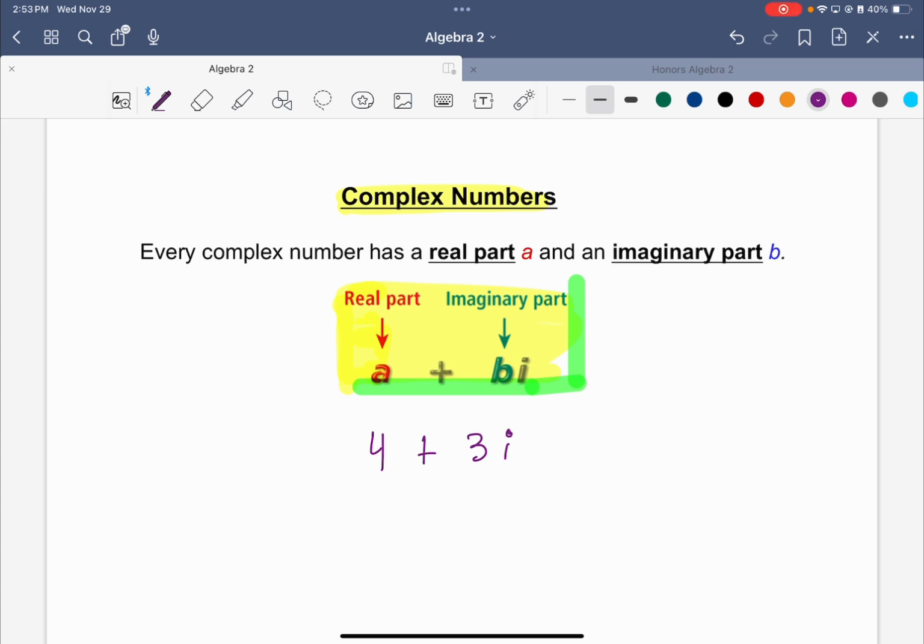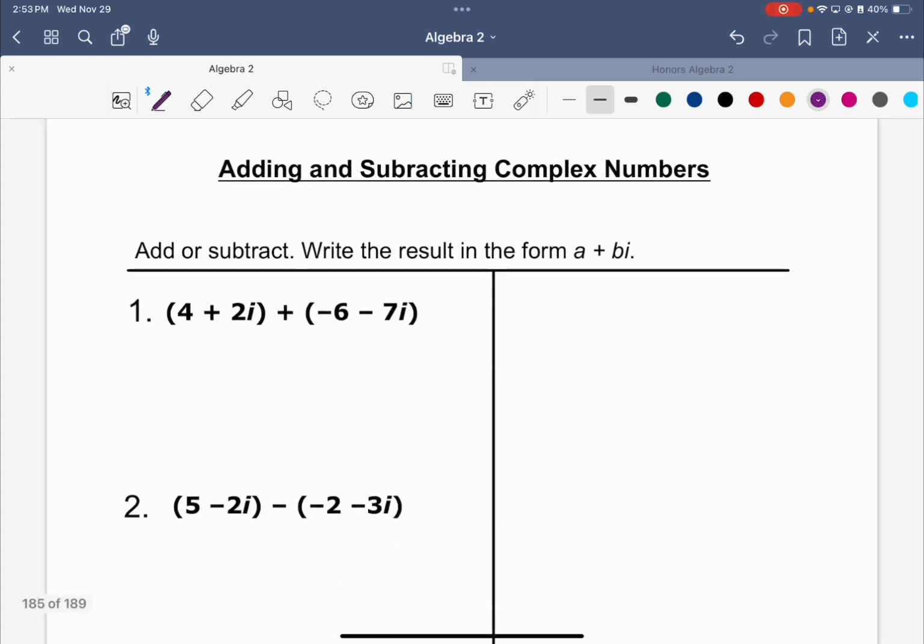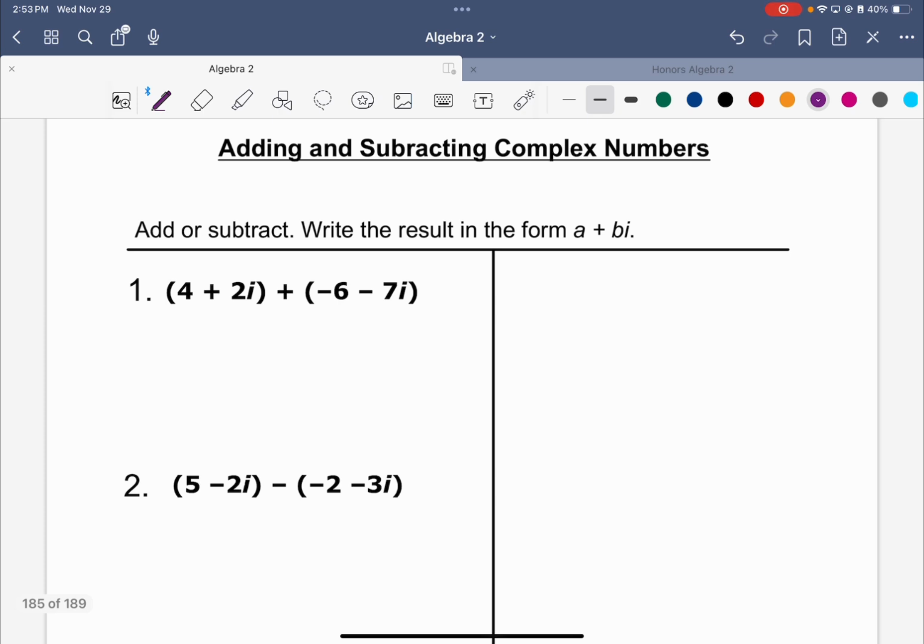So what we want to be able to do with complex numbers is, again, add them, subtract them, multiply, and divide them. And the nice thing about adding and subtracting them, when you add and subtract complex numbers, it's really the same as if you're adding and subtracting polynomials. You're combining like terms. So 4 plus 2i plus -6 minus 7i, procedurally wise, it's just like 4 plus 2x plus -6 minus 7x.